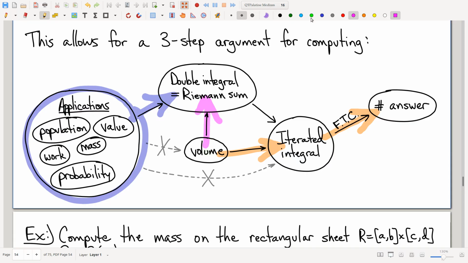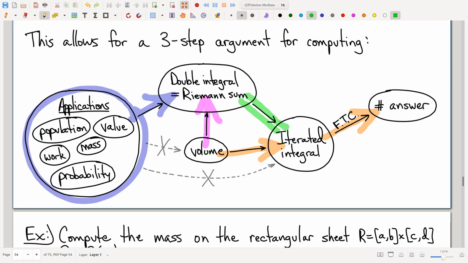Said differently, double integrals can be computed with iterated integrals. That was the purpose. That's the role that the volume question served. It allowed us to make this connection, which otherwise is formalities, and you have to worry about limits and moving things in and out of limits, and it gets a little hairy and technical. And frankly, it's pretty opaque. It's just a bunch of algebra.